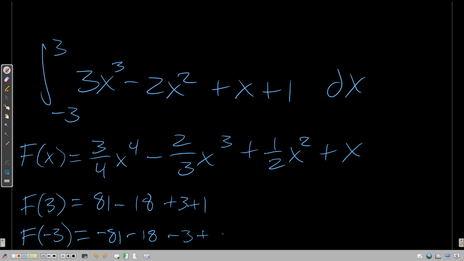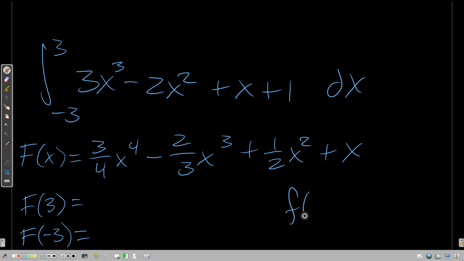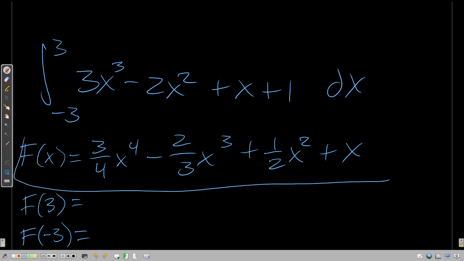That all looks good. Oh, you know what? I did goof it up. When I put in capital F of 3, I put it up here like a dummy. It doesn't go there. It goes in my antiderivative. So, sorry, I was looking at this. What I computed was f of 3. Don't do that. So, I gotta look at this one.